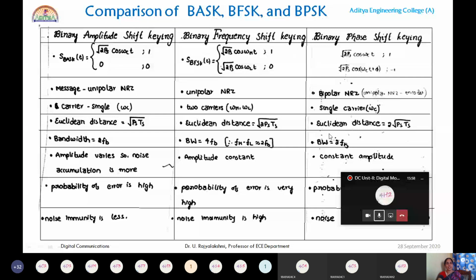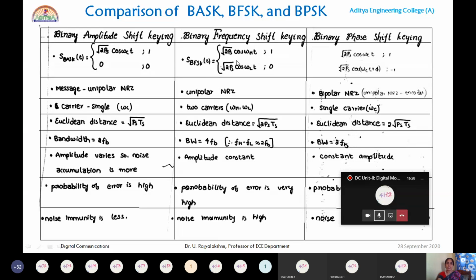And you can also compare using various factors, like what kinds of detection techniques are used and what kind of modulation. Here in ASK, you know how to generate an ASK signal. By multiplying the carrier with unipolar NRZ, you can get ASK. How can you get PSK? By multiplying bipolar NRZ with the carrier, you can get PSK. And the FSK signal can be obtained by using two carriers, I channel and Q channel.